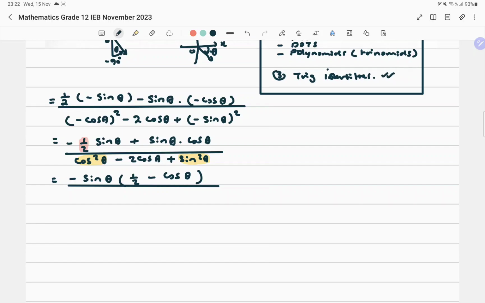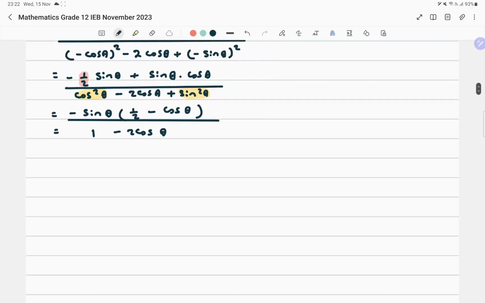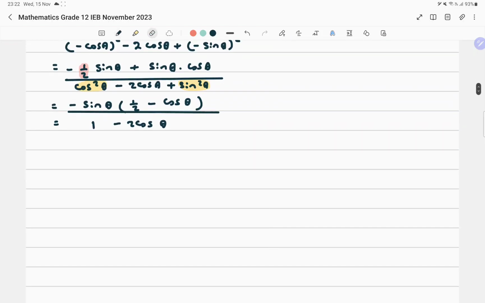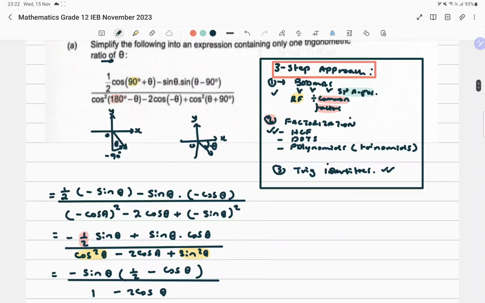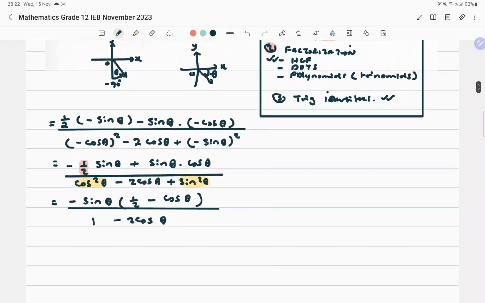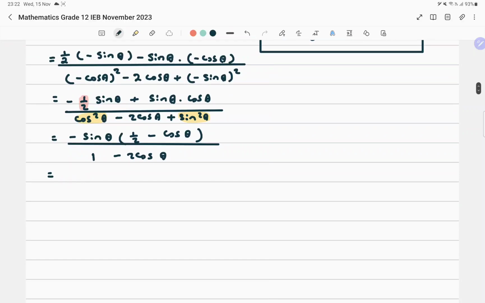So this one saves the day. That whole thing simplifies to 1 minus 2 cos theta. That is what we get on the denominator. Can you see our 3-step approach? We've used every step essentially. But now we can factorize the denominator so that it looks exactly like the numerator.